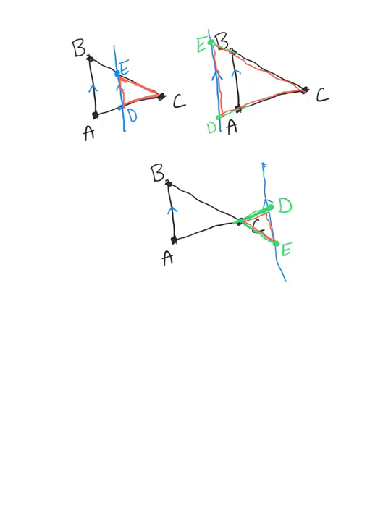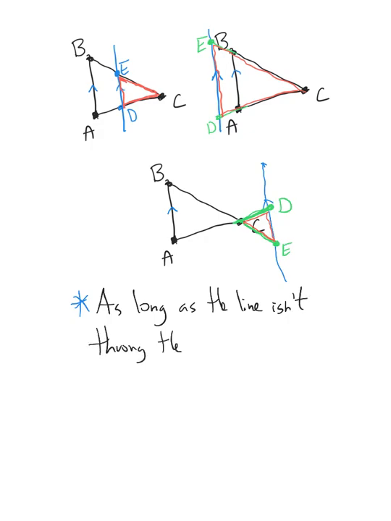So the only place you can't draw that line, so our star means, is as long as the line isn't through the opposite vertex.